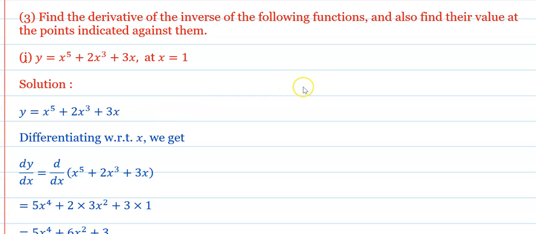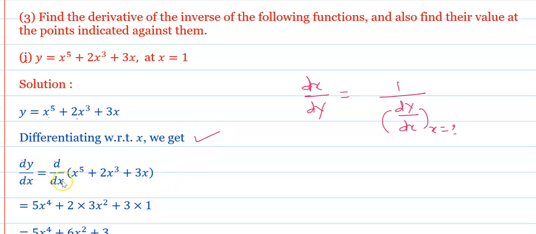Means you have to find dx upon dy, that is equals to 1 upon dy by dx, at whatever x is given. In this form, again the usual function: y is equals to x raised to 5 plus 2x cube plus 3x. Differentiate this with respect to x.